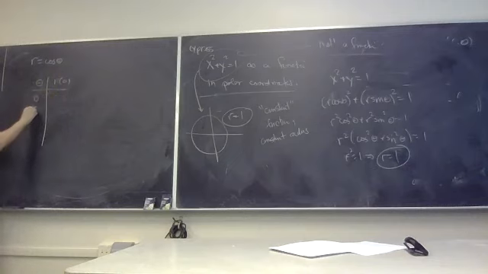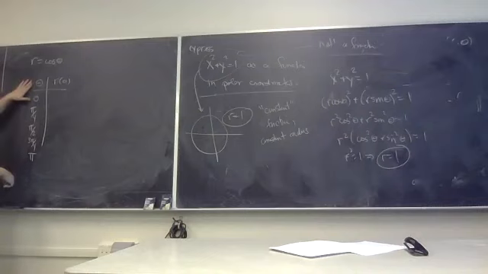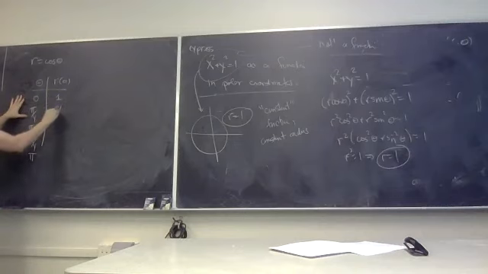0, pi over 4, pi over 2, 3 pi over 4, pi. What is the cosine of 0? 1. Cosine of pi over 4? Cosine of pi over 2? 3 pi over 4?